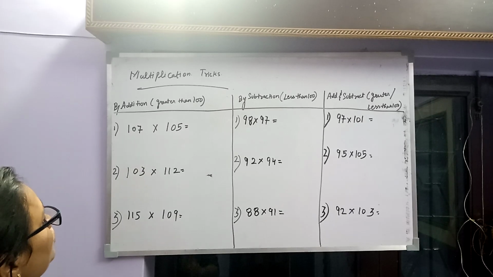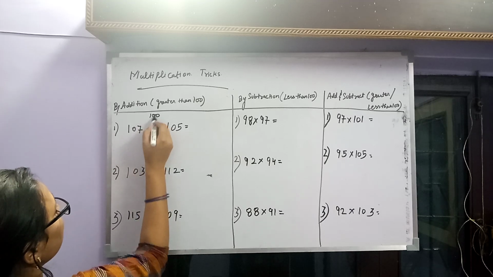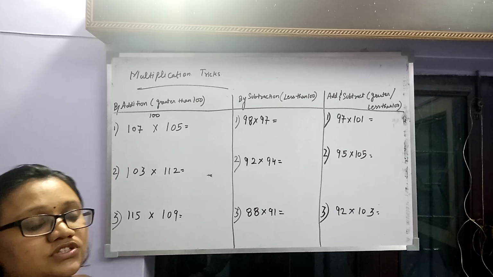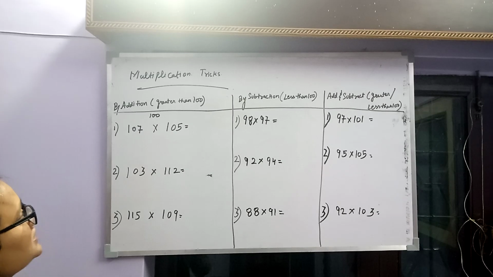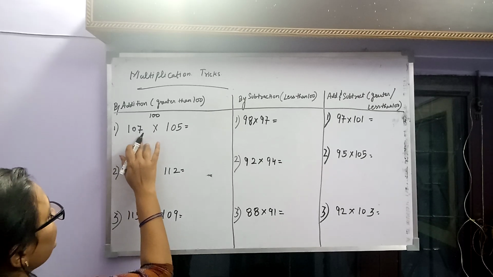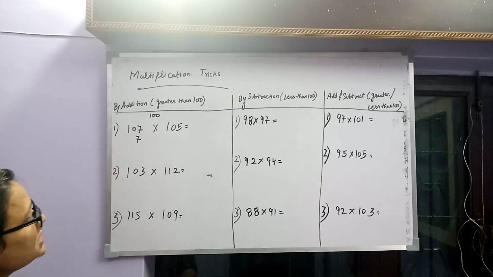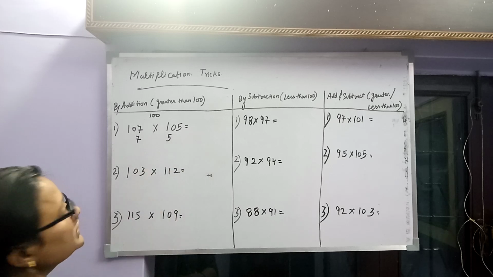First, we take the base as 100, since we are multiplying numbers which are near to 100. We can see that 107 is greater than 100 by 7, so we write 7 here, and 105 is greater by 5, so we write 5 here.